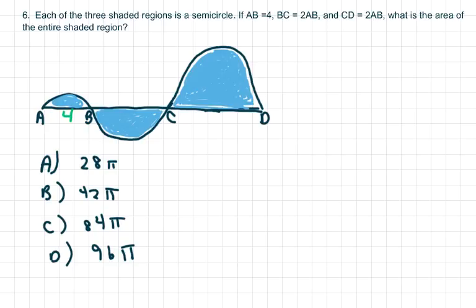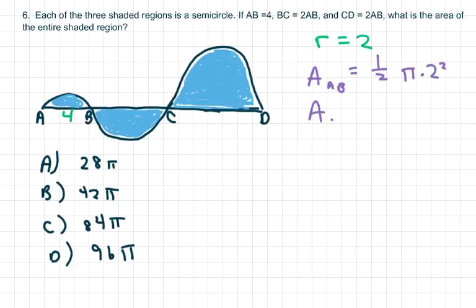So let's start. The diameter of the semicircle AB is given as 4, so its radius is 2. Therefore, the area of the semicircle AB is 1/2, because we're only doing half of the area, pi times 2 squared.